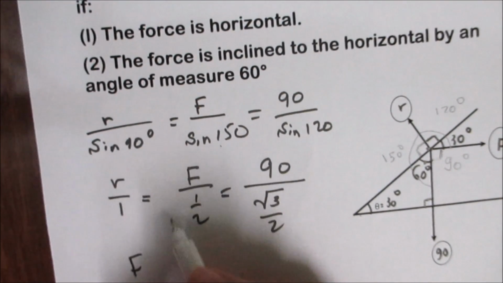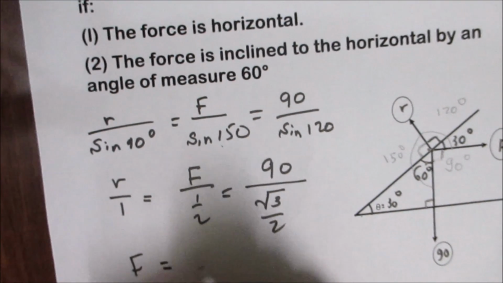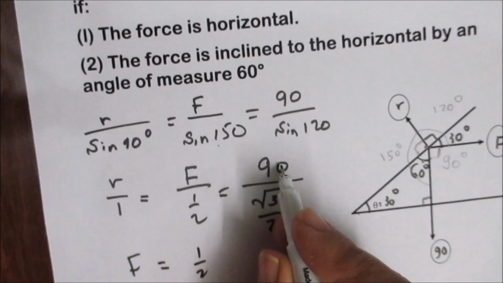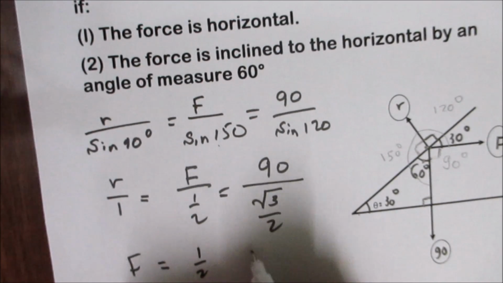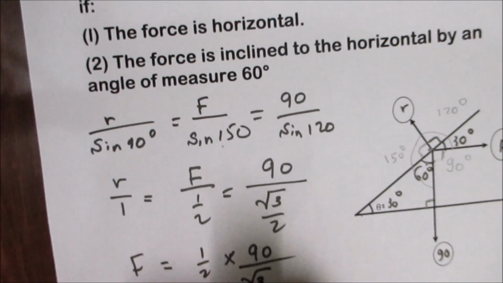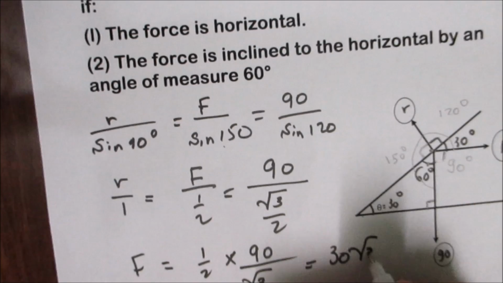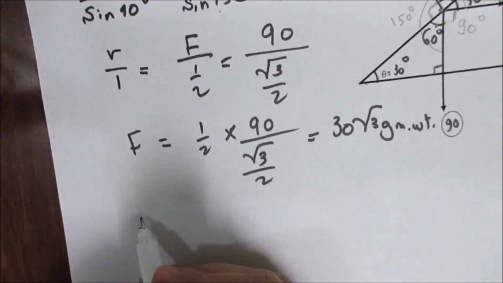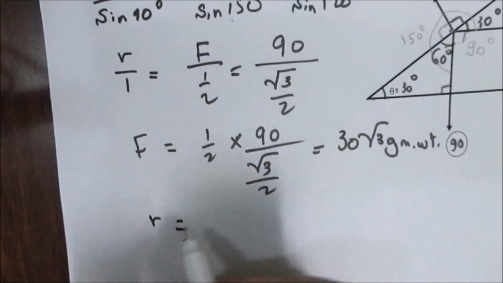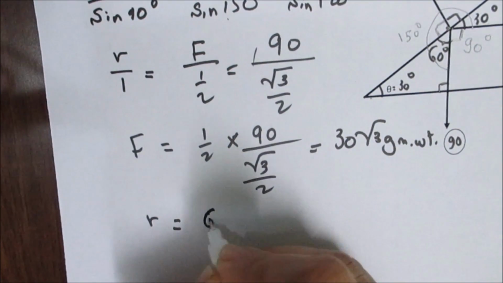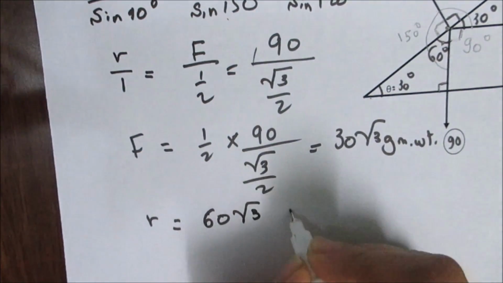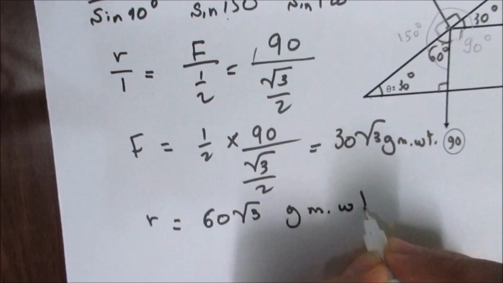Simplify by cross product to get F equals 1 over 2 times 90 over square root 3 over 2, which is 30 square root 3 gram weight. And the reaction equals 90 over square root 3 over 2, which is 60 square root 3 gram weight.